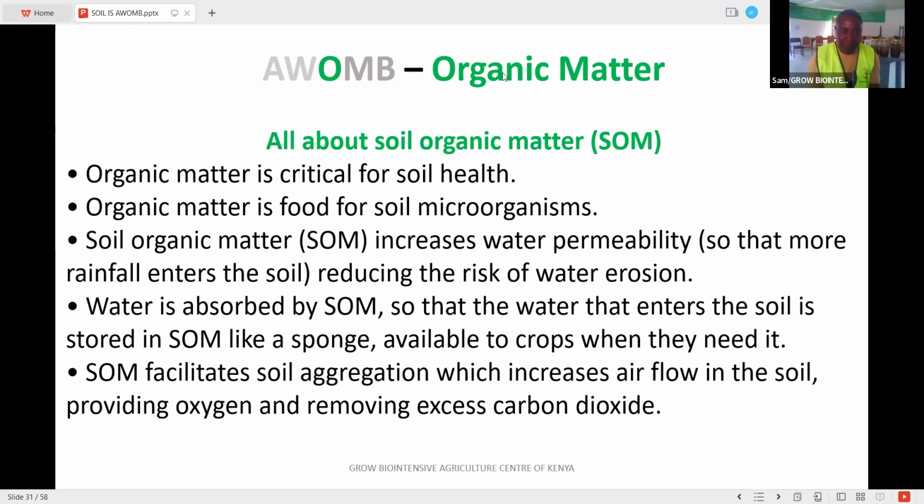And again, you must make sure that your improved farmyard manure has fully cured. It has decomposed fully. Even the compost that we make, before it goes into the soil, must be totally cured. When you take trash into the soil, you are telling those materials to start the process of decomposition.